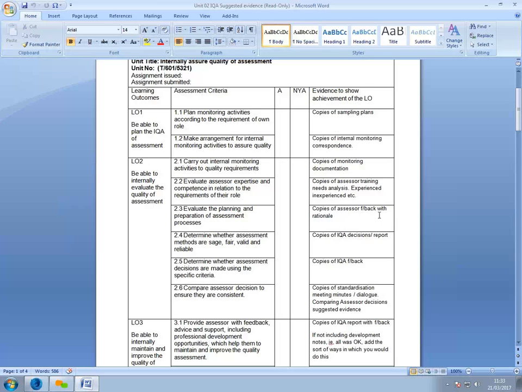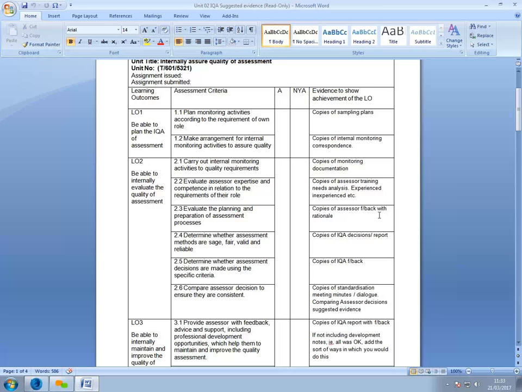some people don't realise this, but each assessor should have a training needs analysis done. I will put a document showing that and how that operates once I finish this lesson, and it will go on to the Moodle platform for you to look at. Basically, it takes each assessor, looks at their experience, their knowledge, and everything that goes with it, and says, do they need further training?